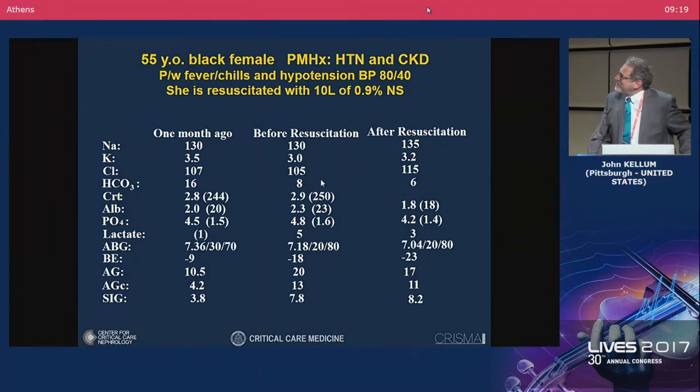She had a big increase in her chloride concentration. That's the problem. We've created an iatrogenic hyperchloremic metabolic acidosis in a patient who can tolerate it very poorly because her starting strong ion difference was low. We've given her 10 liters of abnormal saline, and we've added insult to injury, if you will. And that's why her acid-base abnormalities have gotten worse.